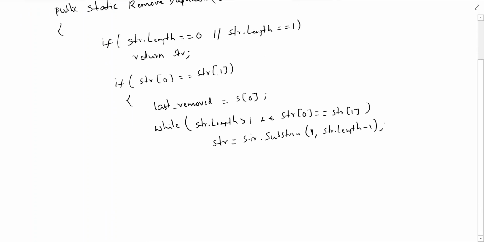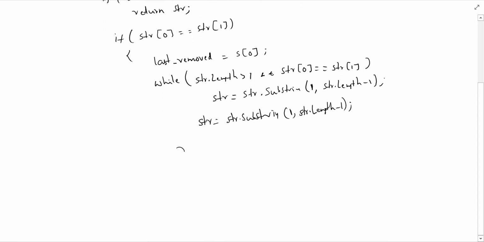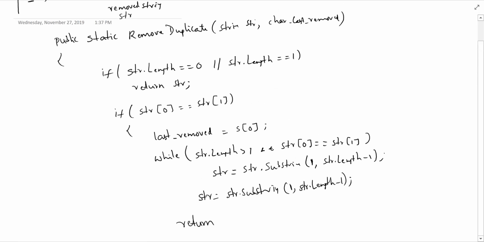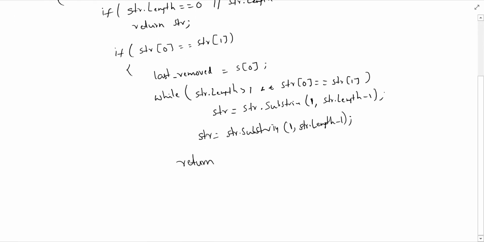For that we take one more character out, right? Now you just return whatever is the resulting string, we just need to subject it to remove duplicates again.